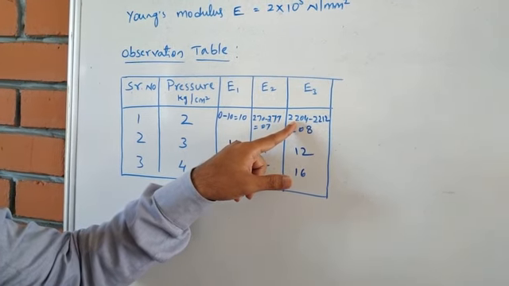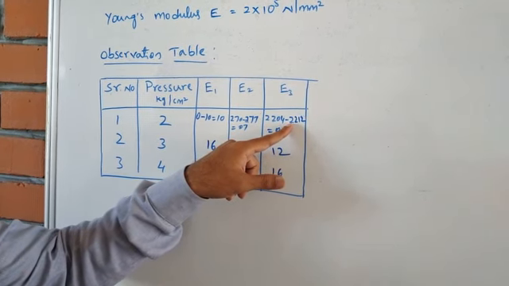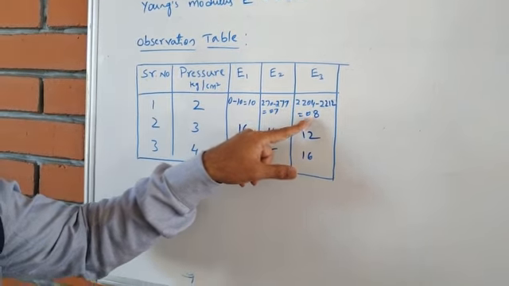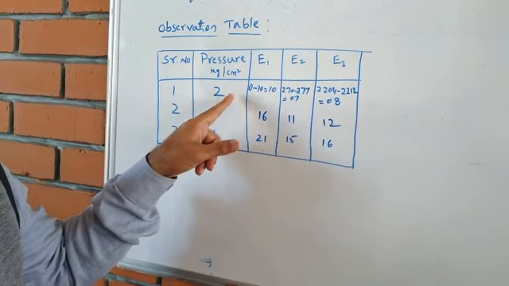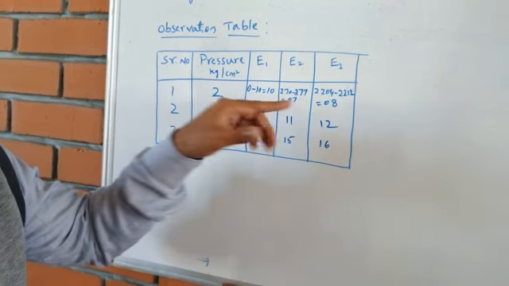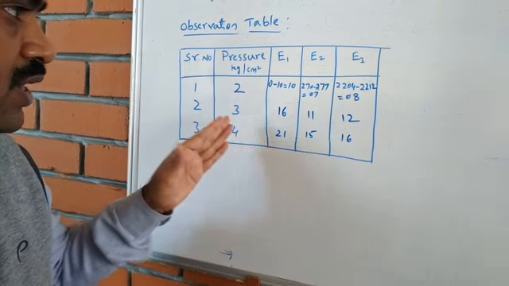For E3 the initial reading was 2204, and after applying the pressure it was 2212, therefore it is 8. So for pressure 2 kg per centimeter square, E1 is 10, E2 is 7, and E3 is 8.